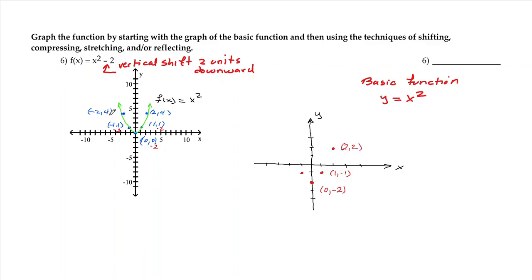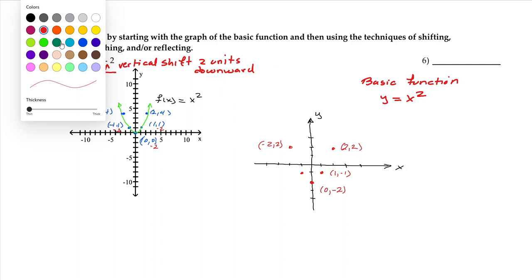And minus 2, 4, subtracting 2 from the y coordinate, goes to minus 2, 2. So your graph will look like this now.